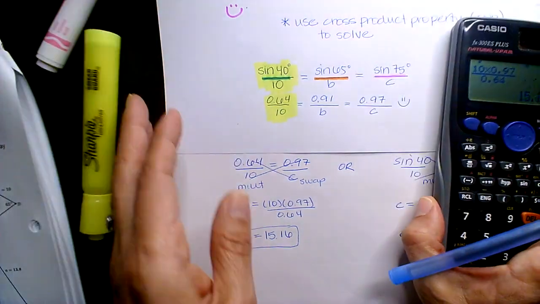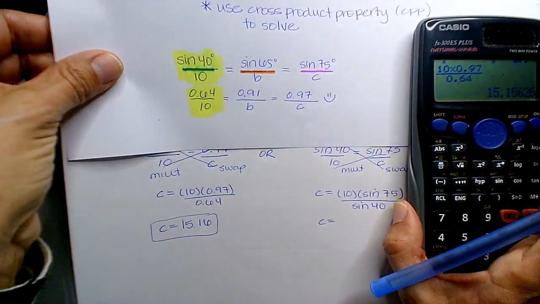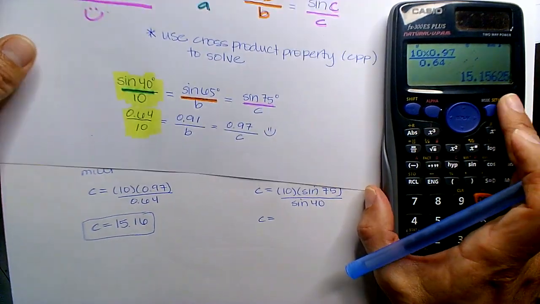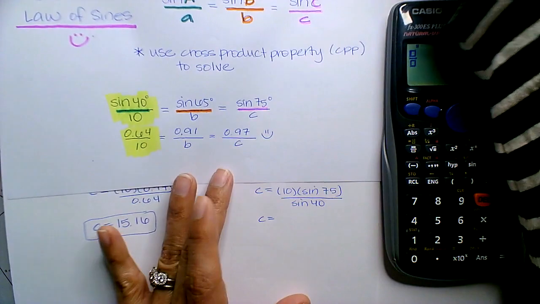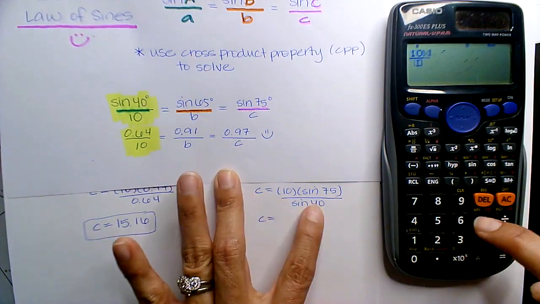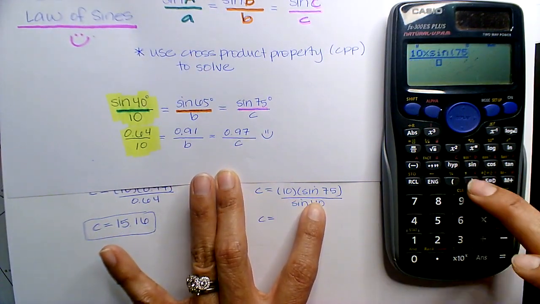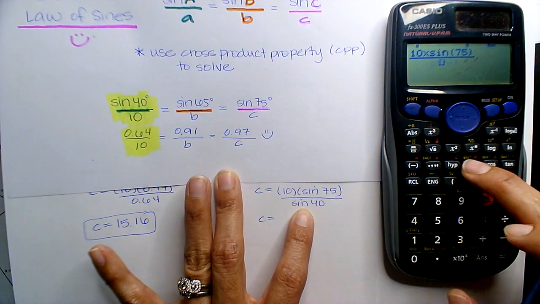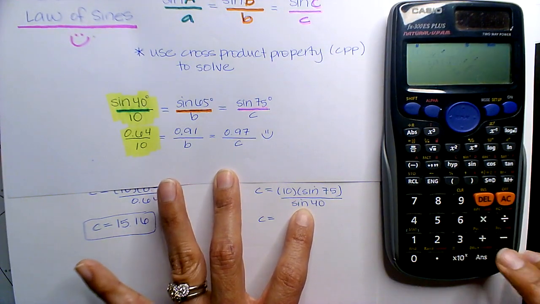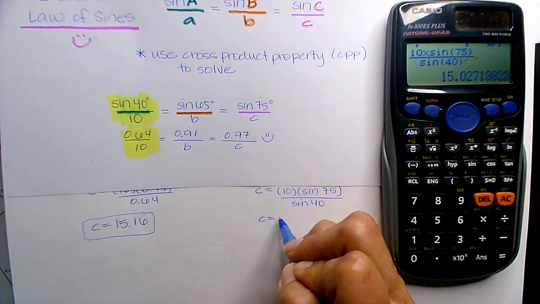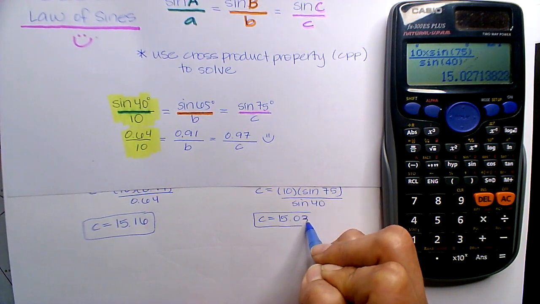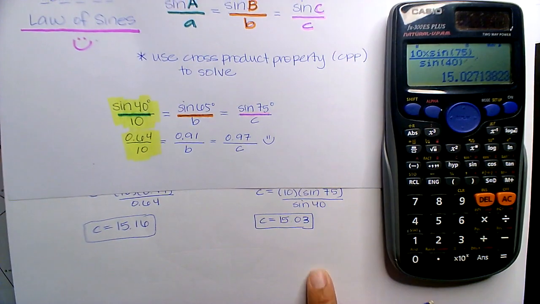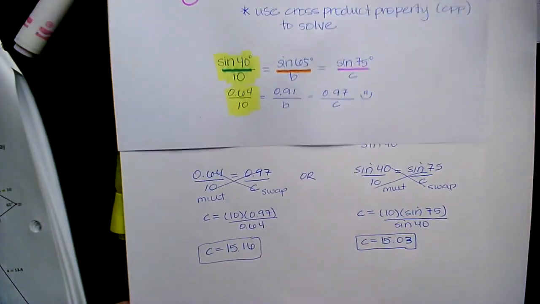So let's go over here. That's a 3. All right, so again, you guys can see I'm off.